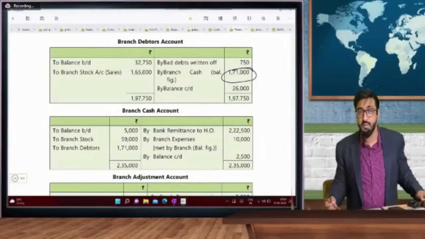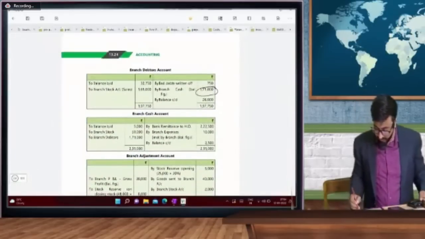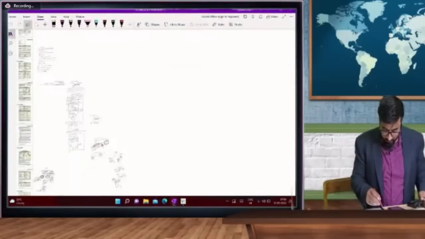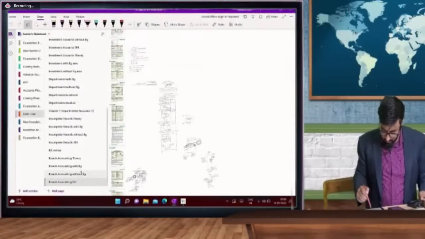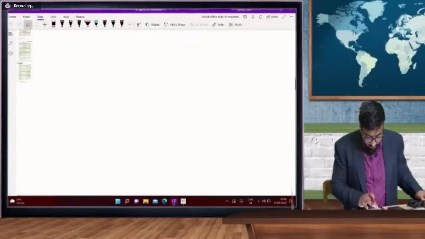Beta, so it is the same thing in branch accounts also. You can check my answers if you want. I don't know what your question is. 1,71,000 is the cash which is collected, beta.